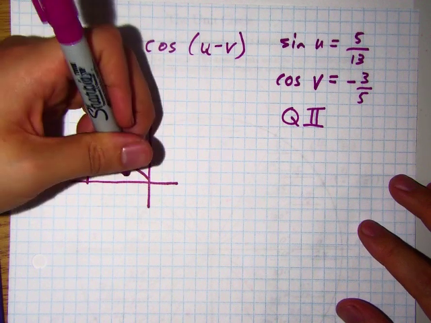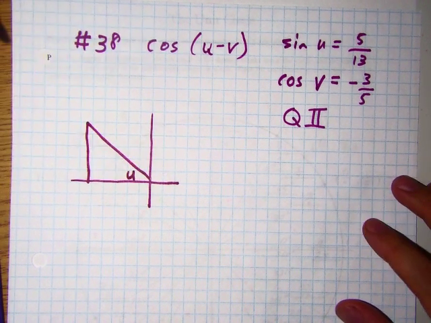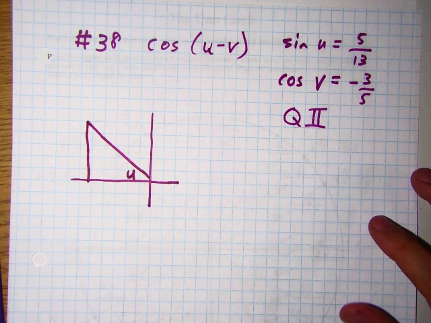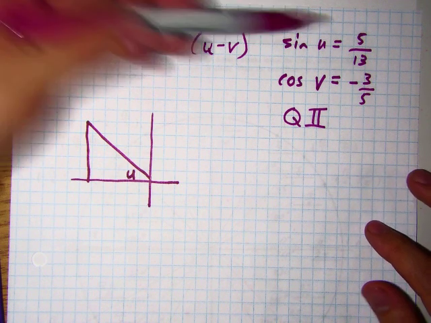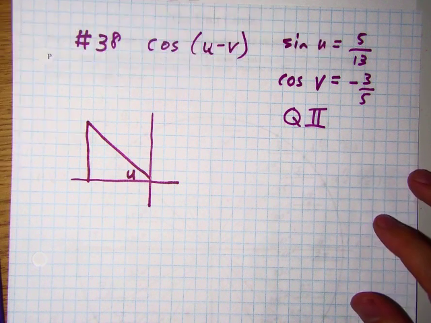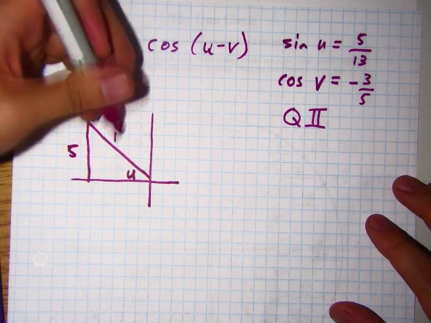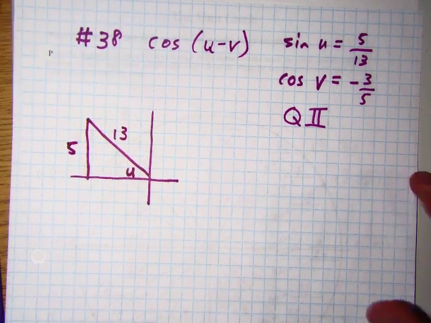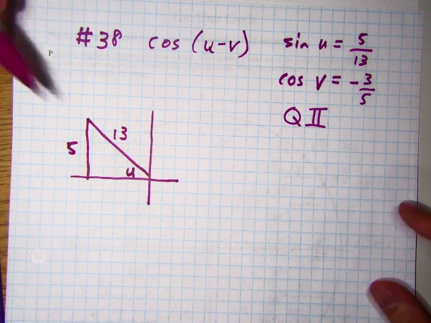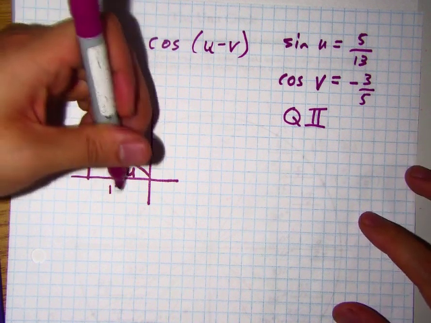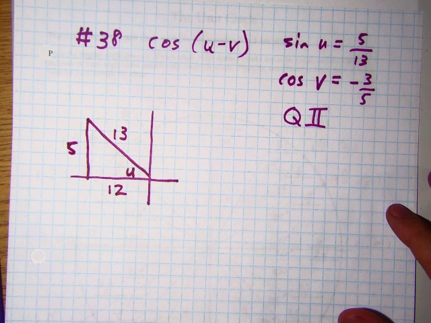Sine u is 5 over 13, so this is u right there. That is my angle. It is 5 over 13. That's SOHCAHTOA, opposite over hypotenuse. And then we should recognize that's a Pythagorean triple, a 5, 12, 13 Pythagorean triple.